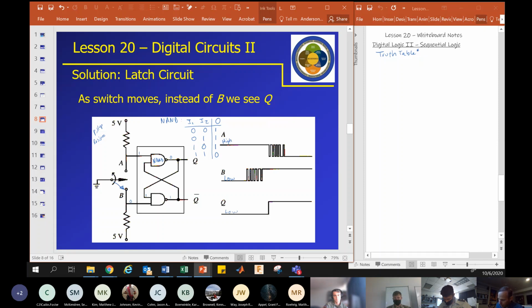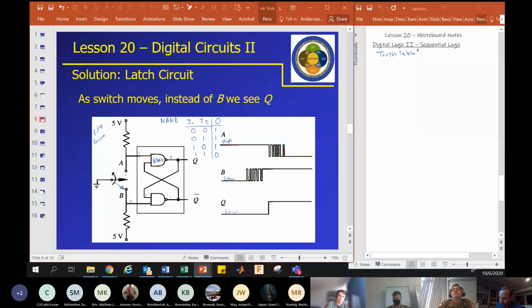This is high and this is low. So we're here with this is high, this is also high, Q low. So right now both inputs to this NAND gate are high, and the state of Q can only change if one of these inputs goes low.